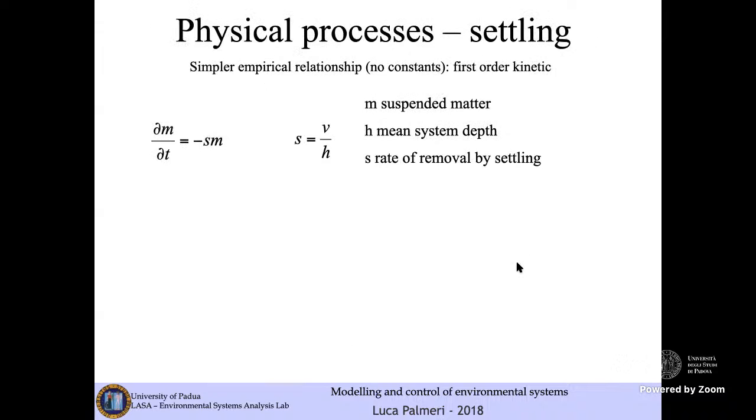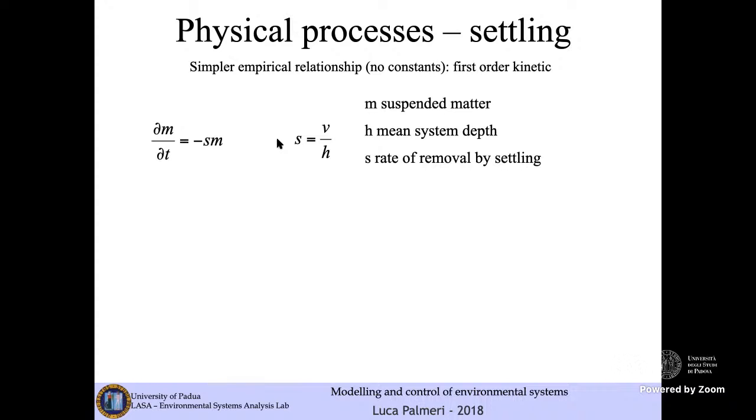Of course, there are simpler empirical relationships which you may employ, in which there are no constants, and in which we assume a first-order kinetic for the settling process. In this case, we may write that the variation of the mass of a certain substance in the water column, dm over dt, is equal to minus s, the coefficient, that is the rate of removal by settling, multiplied by the mass.